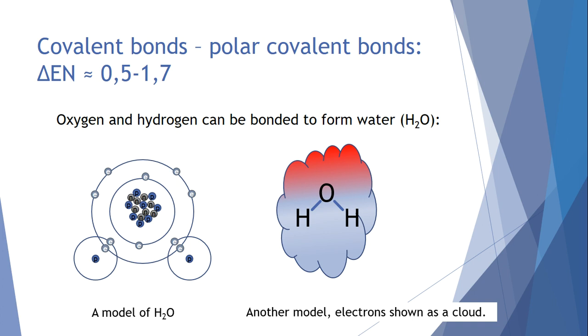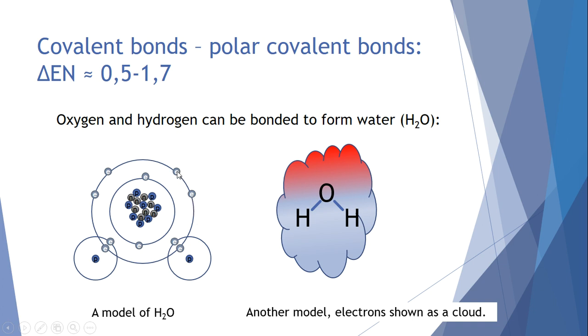So some parts of this molecule are going to be more electron dense. And what I mean with that is, remember that oxygen has a much higher electronegativity than hydrogen. So oxygen is going to pull on the electrons much harder than the hydrogen atoms. So the electrons, not shown perfectly in this model, are going to be closer to the oxygen than the hydrogen.